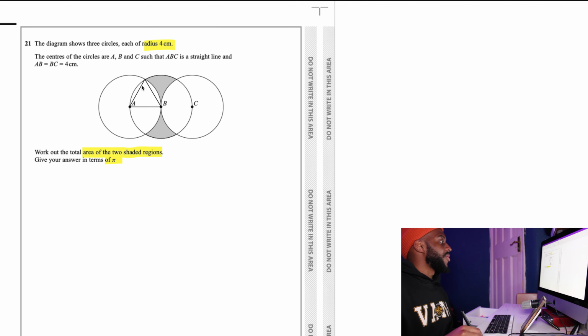So as you can see here, I've created a triangle using this information that we have, which means that each of these lengths are 4, meaning we have an equilateral triangle. So all of these angles are 60.